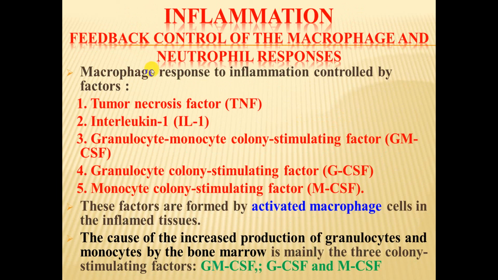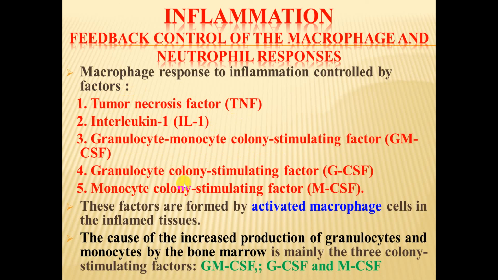Inflammation, feedback control of the macrophage and neutrophil responses. Macrophage response to the inflammation is controlled by factors تشمل tumor necrosis factor TNF, interleukin 1, granulocyte monocyte colony stimulating factor, granulocyte colony stimulating factor وmonocyte colony stimulating factor.